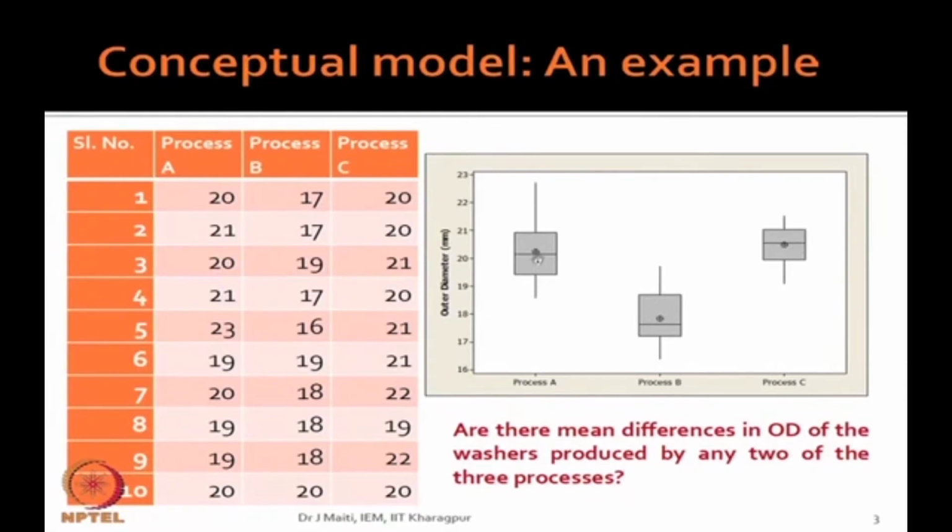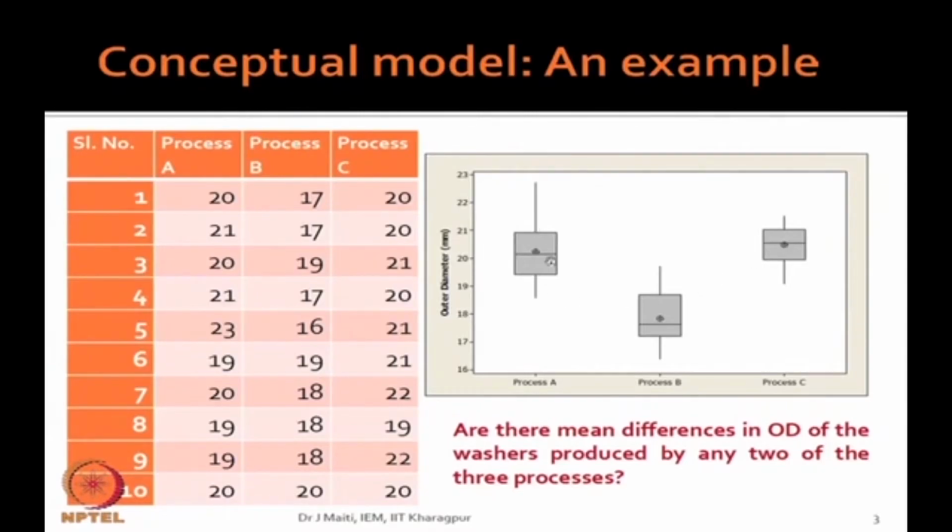But if you see the mean point, the circle plus point, this one is quite different. Apparently it shows that there is a mean difference. This is the mean point for process A, this is the mean point for process B, this one is the mean point for process C, and the values are 20 point something, around 18, and again 20 point something.